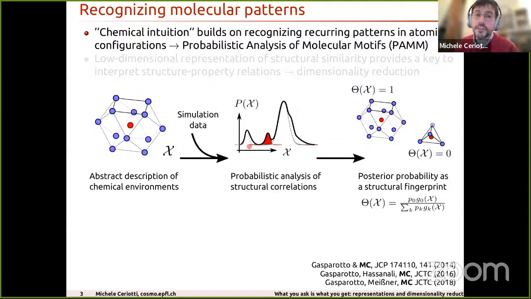And so it's very natural, when you have the outcome of atomistic simulation, to formalize the process of looking for repeating patterns, for instance, by computing a probability distribution of atomic motifs in some kind of feature space, and then recognize the modes of the distribution and associate them with a kind of objective definition of a recurring pattern.